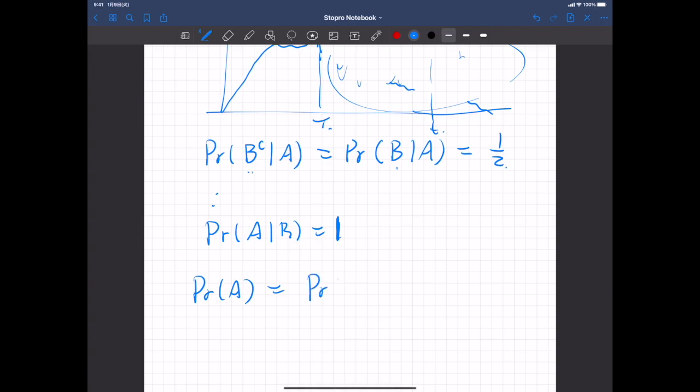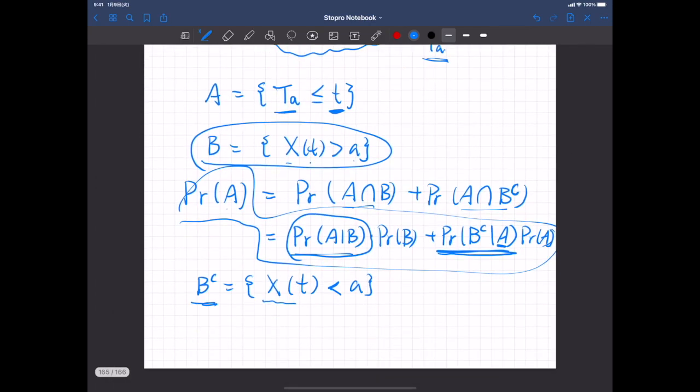So probability of B plus 1/2, and what is it?